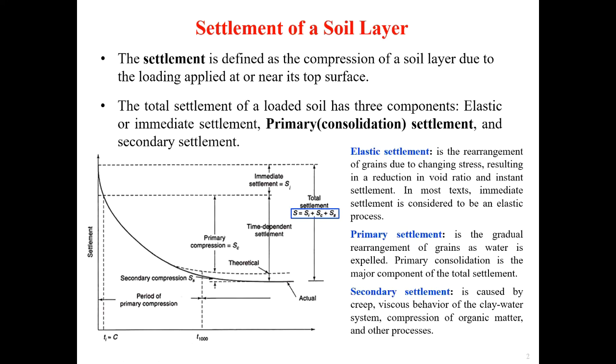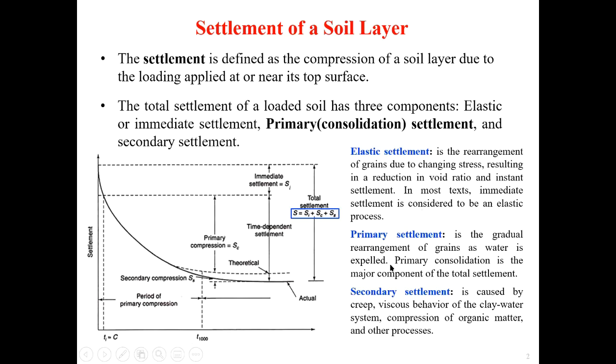This type of settlement can occur years after primary settlement is finished, and it is particularly common in soils that have high liquid limit and water content, as well as organic soils. In soils like peat or other organic soils, there's a lot of chemical decomposition going on, and that's changing the structure of the particles themselves.